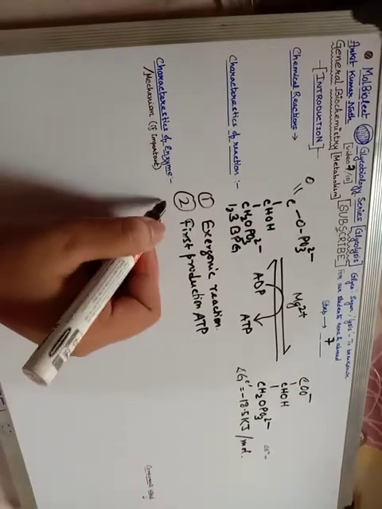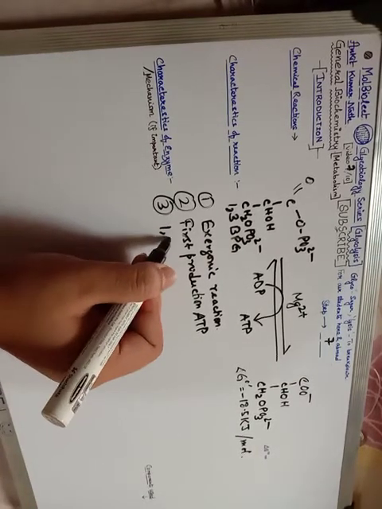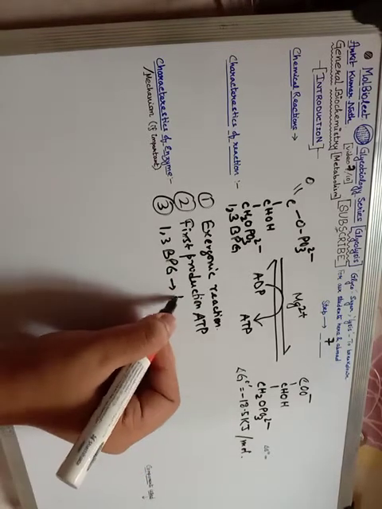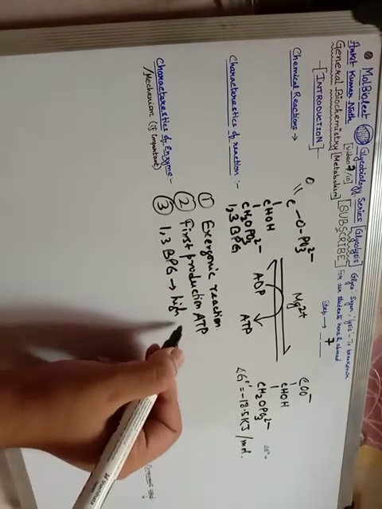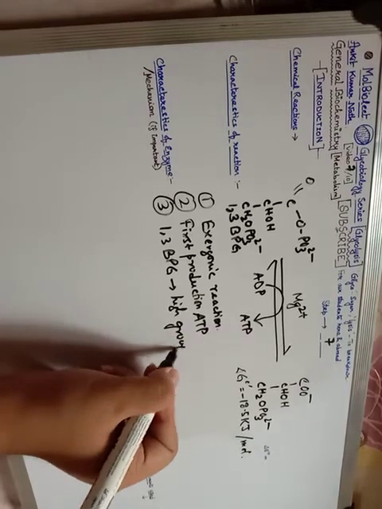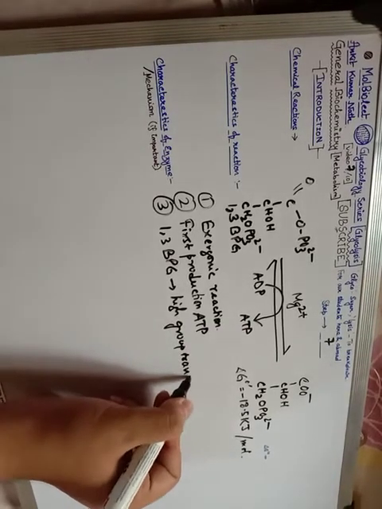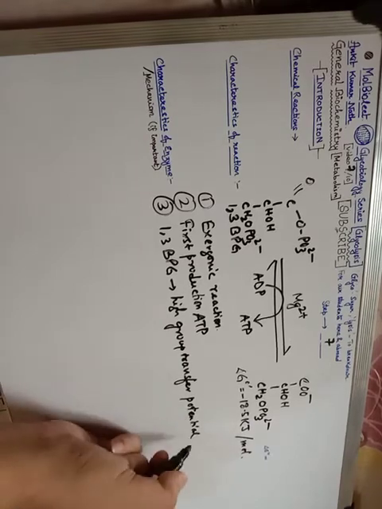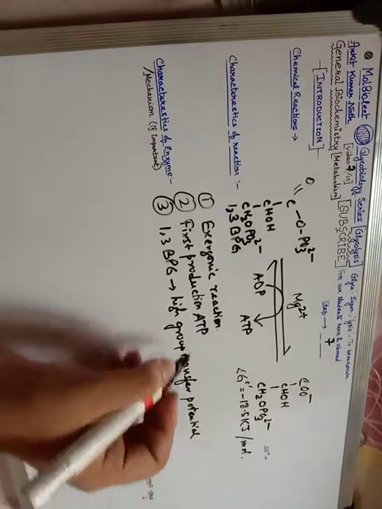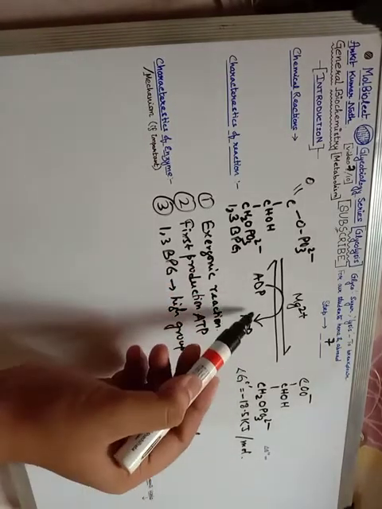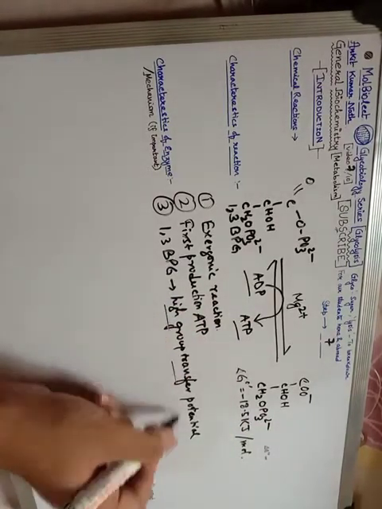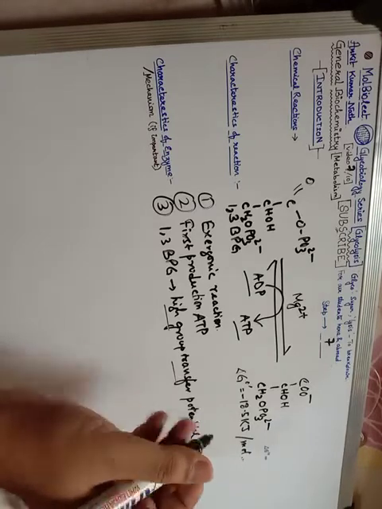And also number three, the 1,3-BPG has a high group transfer potential, you should remember this. It has a high group transfer potential, higher than ATP, such that it is able to phosphorylate the ADP to ATP, okay? So it's a high group transfer potential.